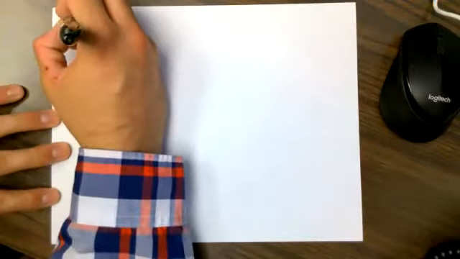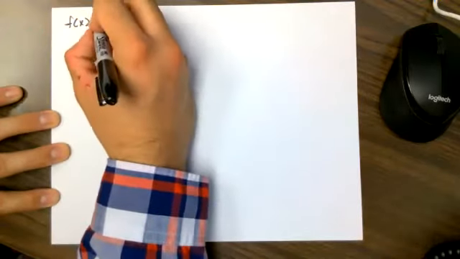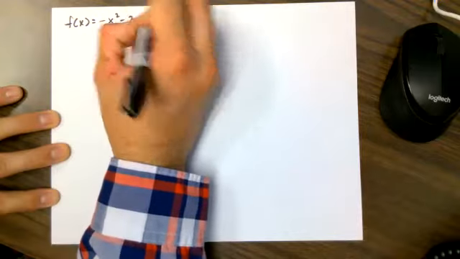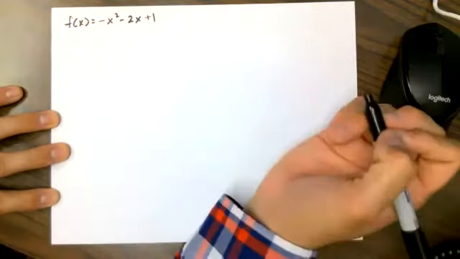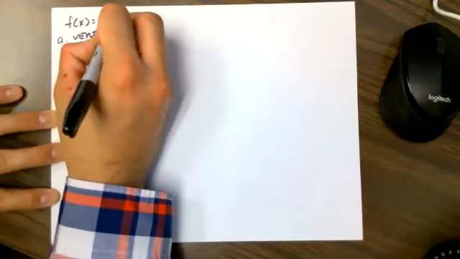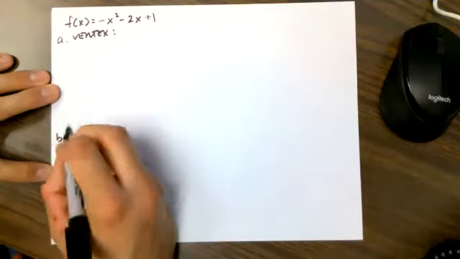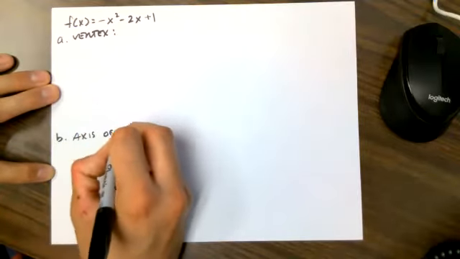Okay, yeah. Let's say we've got f of x equals negative x squared minus 2x plus 1. And I want you to do the same thing, okay? Find the vertex. If you want to find max or min, we kind of get that, right? Find the axis of symmetry.